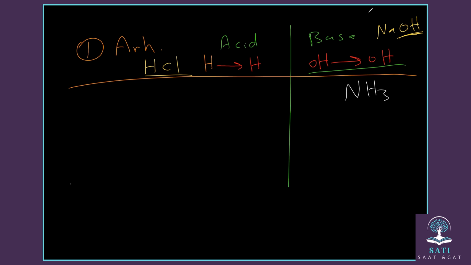Since this definition is not applicable for all the bases, we now need a new definition. What is the second definition? The second definition is called Bronsted-Lowry. Why do you call it Bronsted-Lowry?